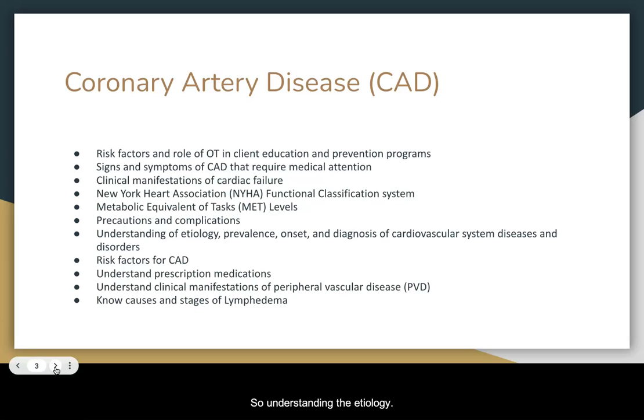So understand the etiology of atherosclerosis and how we as OTs can educate on nutrition and active lifestyles and modifications of activities so that people can engage in the activities that will reduce their risk of atherosclerosis.